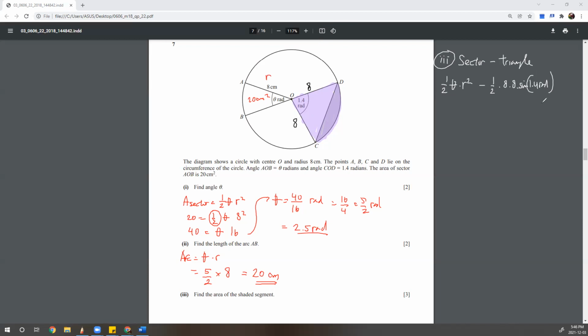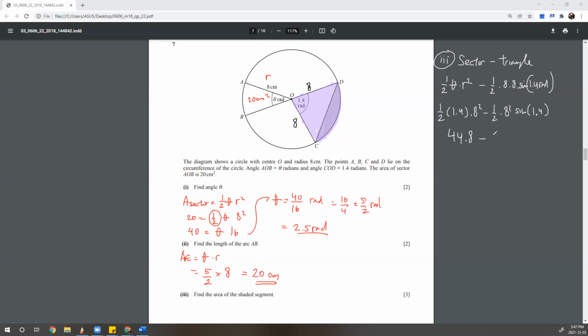Okay, so that's hard. So 1 over 2 times 1.4 times 8 square, subtract 1 over 2 times 8 square times sine 1.4 radian, in terms of radian, not degree. Okay, so calculate. 1 over 2 times 1.4 times 64 is 44.8.